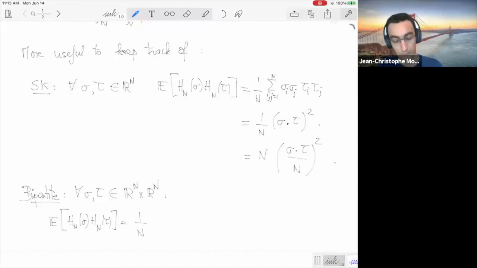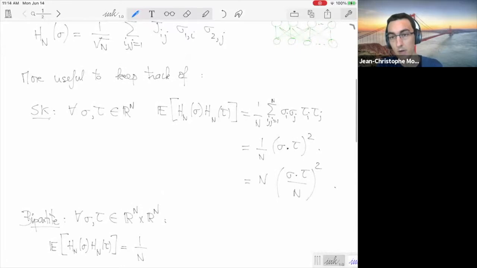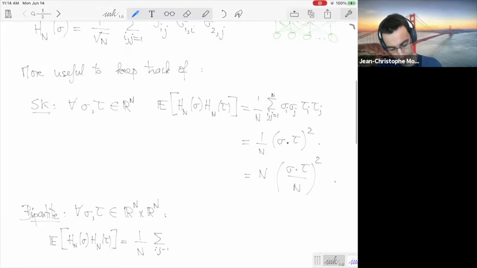And really pretty much the same sort of calculation we'll show, except that we have this extra index 1 or 2 to keep track of. So what we get is the sum over i and j of sigma 1 i, sigma 2 j, tau 1 i, tau 2 j.